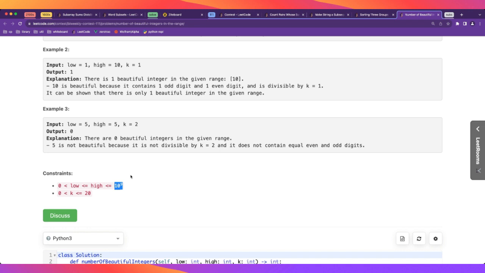And they're up to 10 to the 9. So this means that you cannot go over the entire range. That will be too slow. And k is very small. This is at most 20. So that's something to pay attention to.